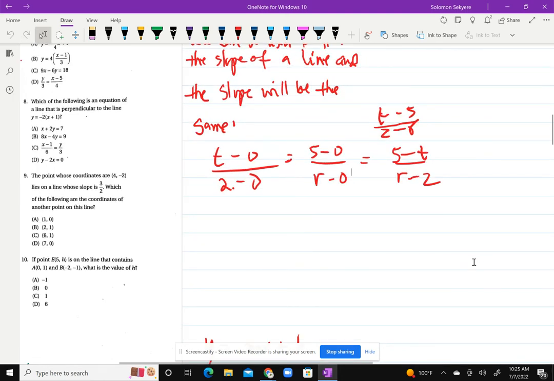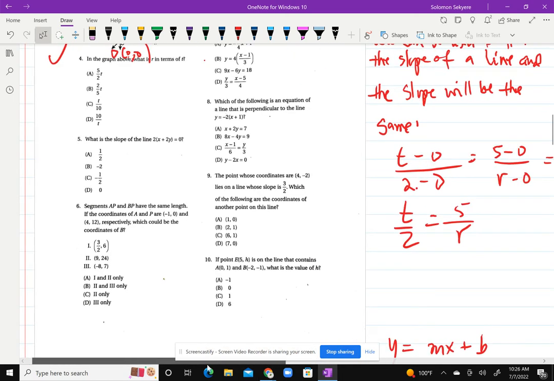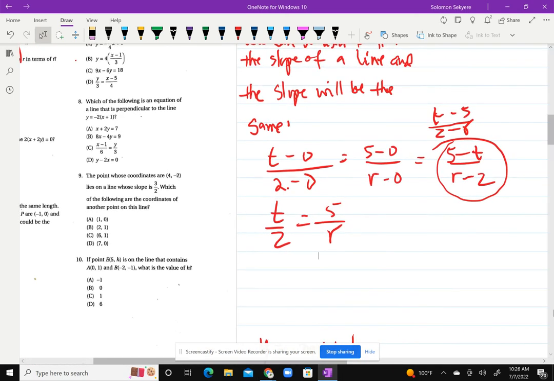So here you see that I can say t over 2 is the same as 5 over r. That's true, right? And the question is, we want to find r in terms of t.